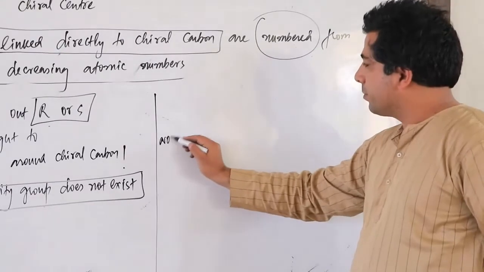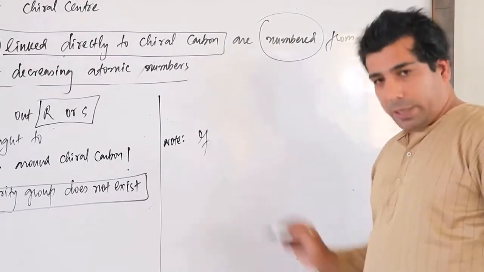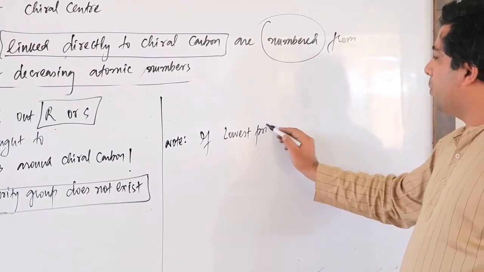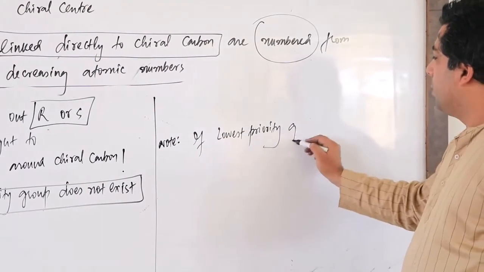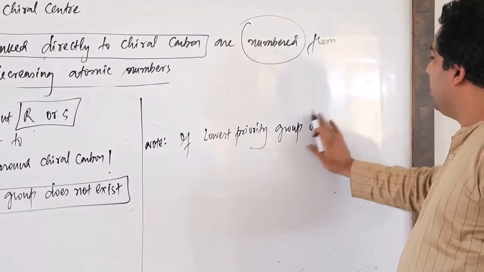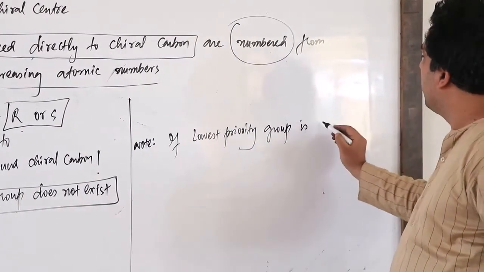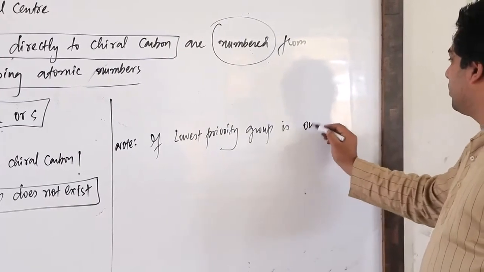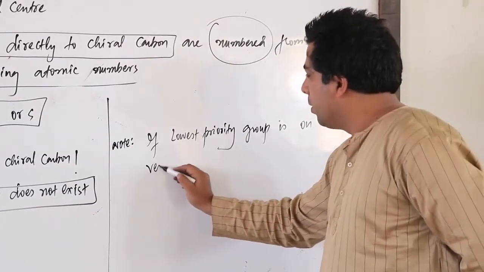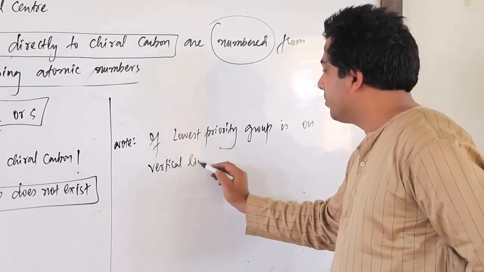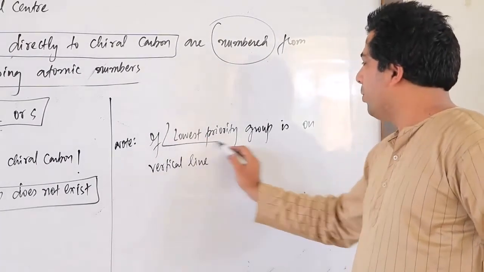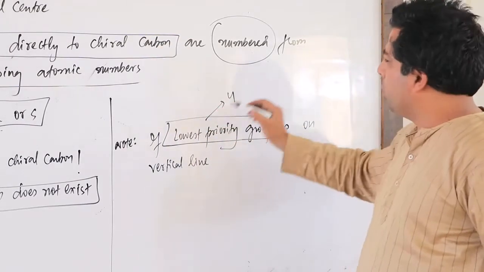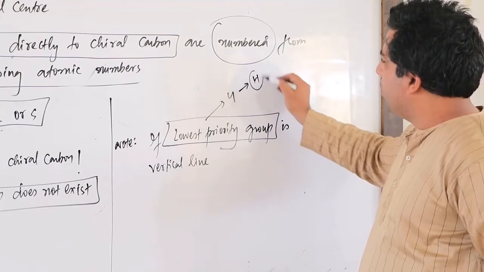Have a look. If the lowest priority group is on the vertical line. Who is your lowest priority group? Fourth group. And who is your fourth group here? Your fourth group is here hydrogen.